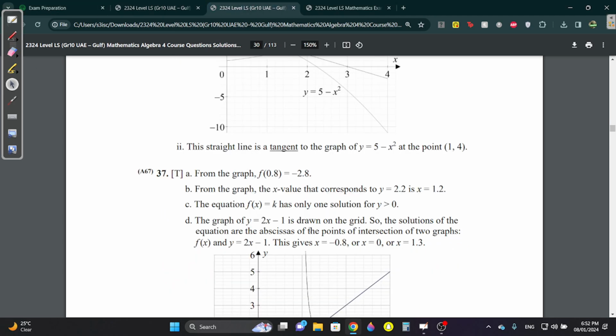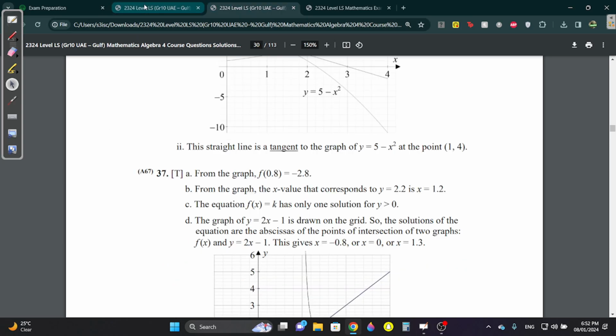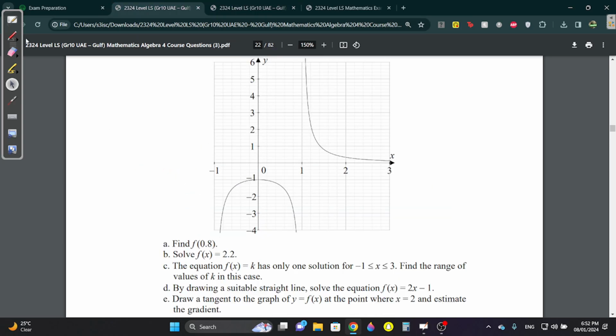In the answers, I didn't really get what they meant here when they say the equation f of x equals k has only one solution for when y is greater than 0. But I think what they're trying to say is that when y is less than 0, so when you're down here in the negatives, there are two solutions. There's one here and there's one here.